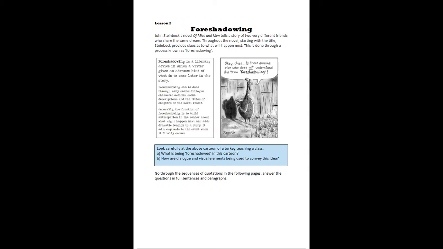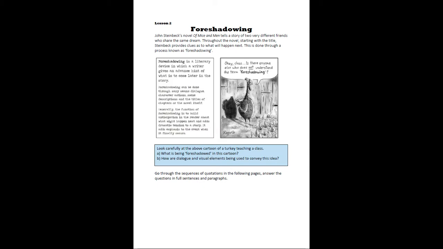Very sad ending, but also some might argue that it's actually the only way that it could have ended, and that Steinbeck was showing us throughout the whole novel that it would always end badly, and he did that through foreshadowing. Foreshadowing is going to be the focus of today's lesson.